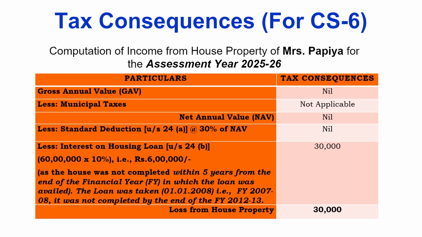It was not completed by the end of the financial year 2012-13. So the eligible deduction under section 24(b) is restricted to 30,000 instead of 2 lakhs. Thus, loss from house property becomes 30,000. It is shown in the picture.